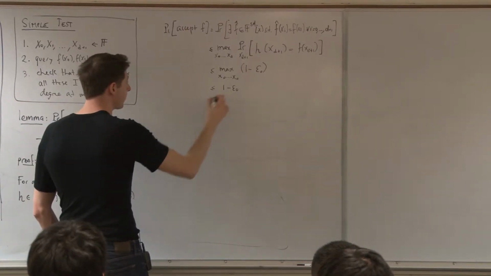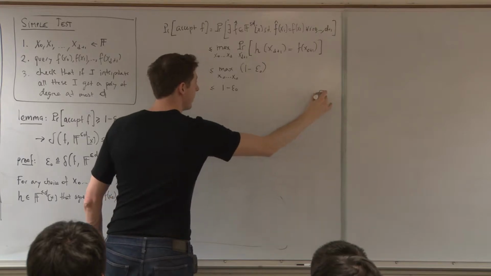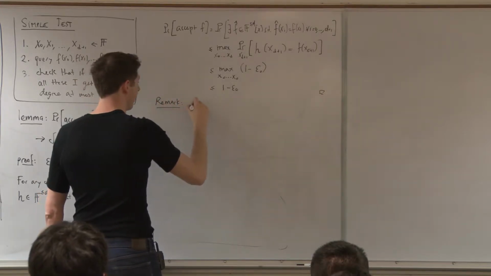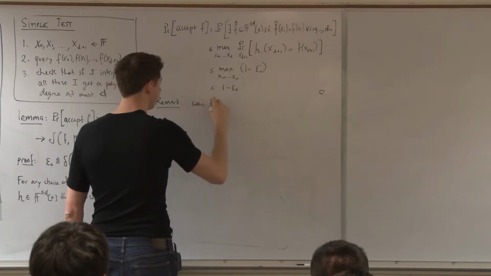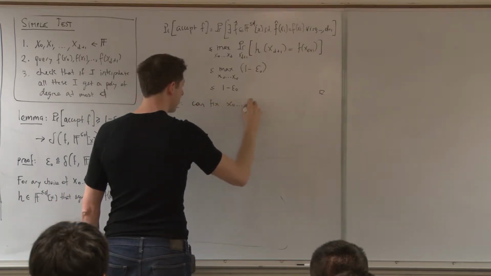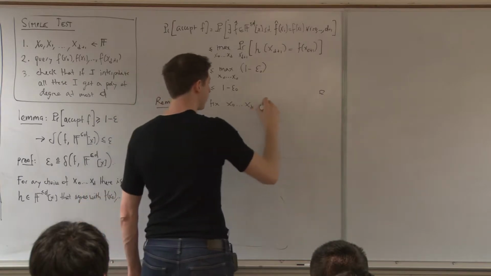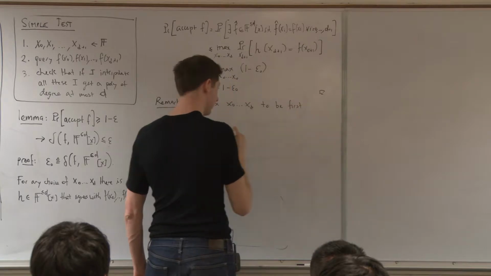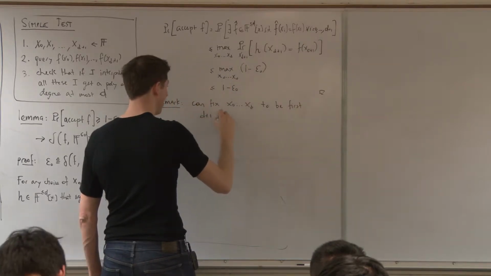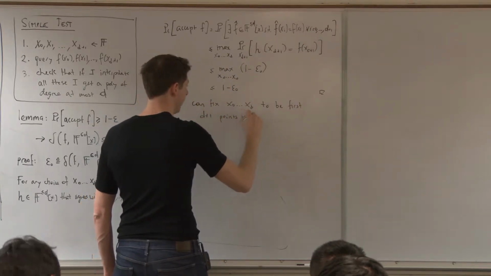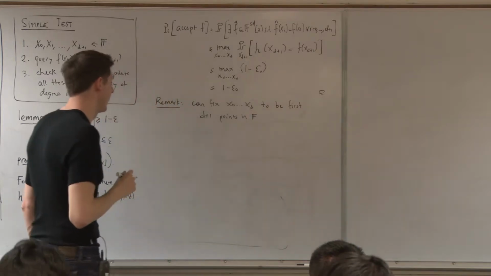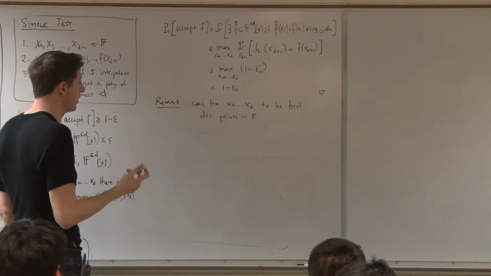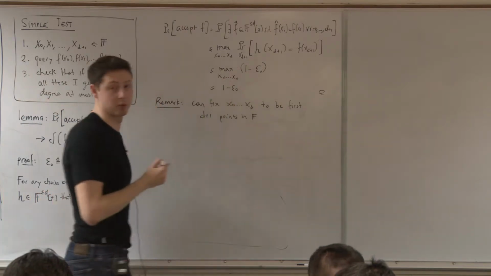So this is the end of the proof, and we note that we can fix x0 through xd to be the first d plus 1 points in f under some canonical ordering. And really the only testing that is happening is through the randomness of xd plus 1.